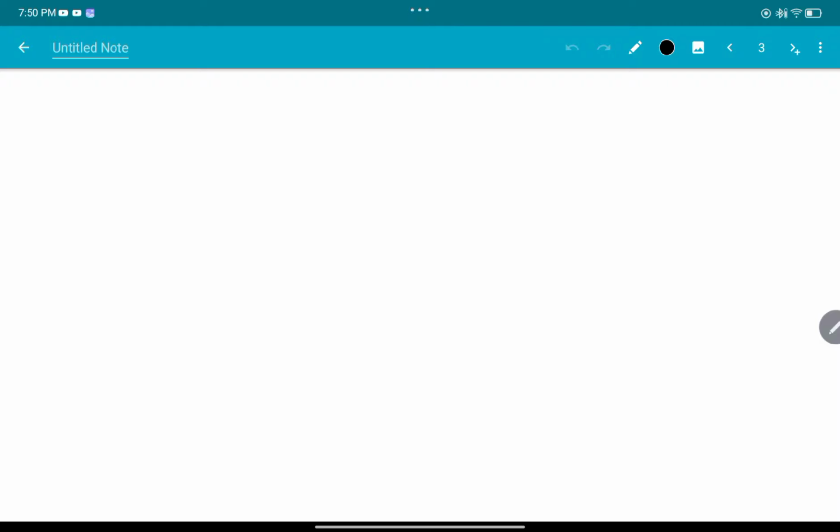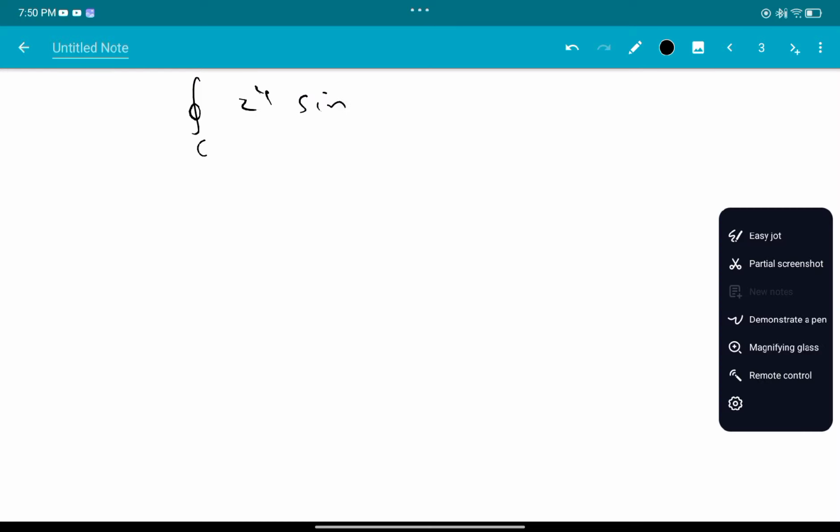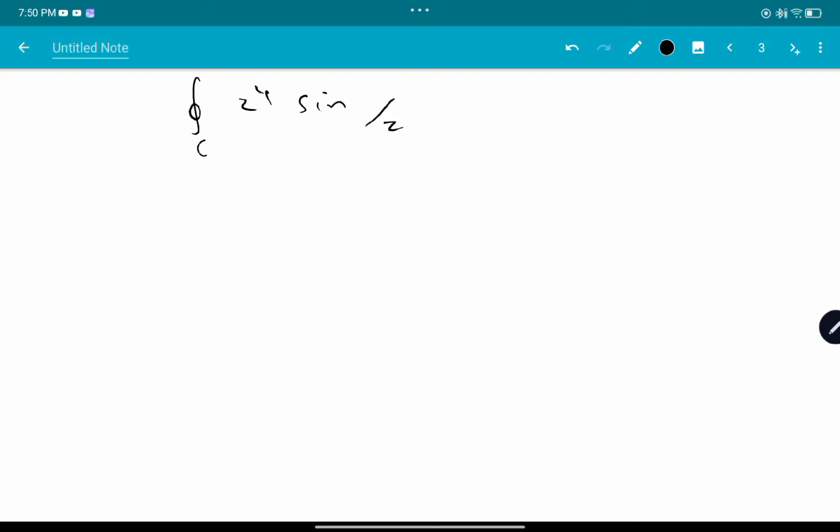I have a function, the integral of z^4 sin(1/z) dz. Here z equal to 0 is an essential singularity.